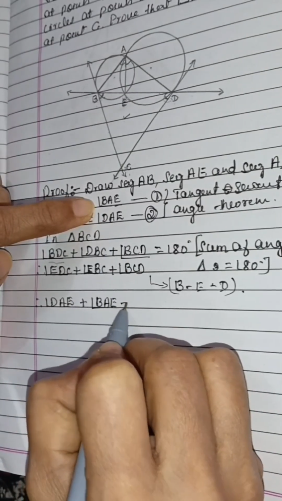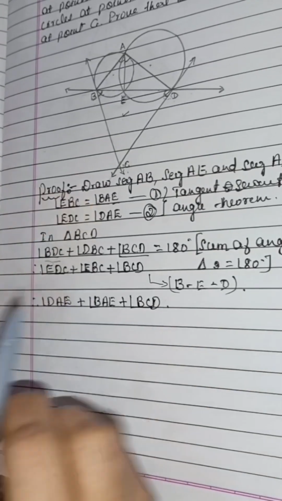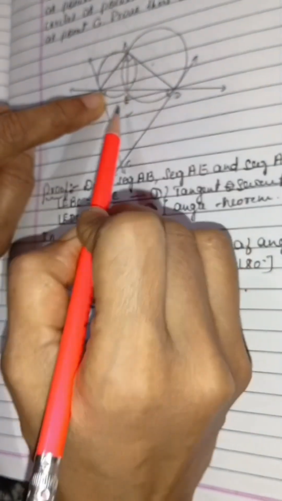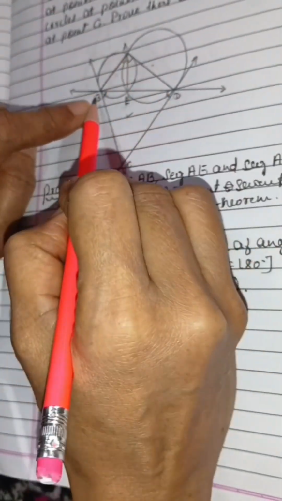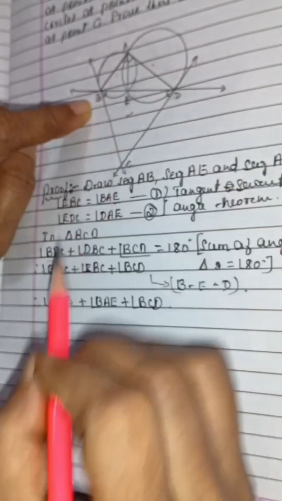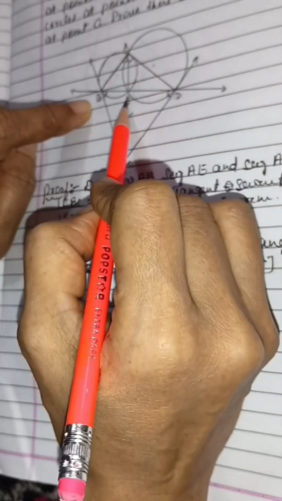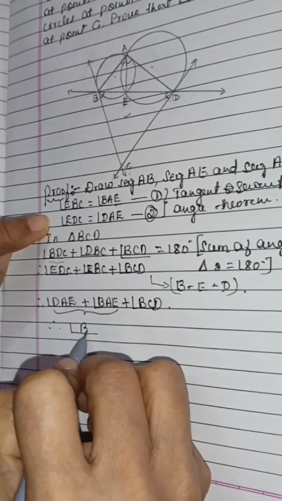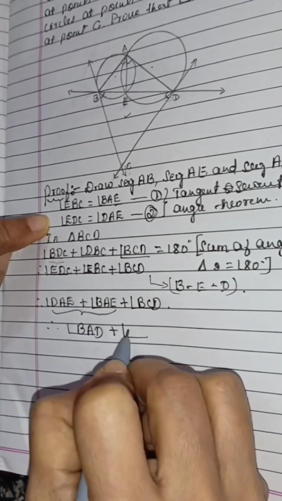Then comes angle BCD. Here DAE plus BAE means BAD. Therefore angle BAD plus angle BCD.